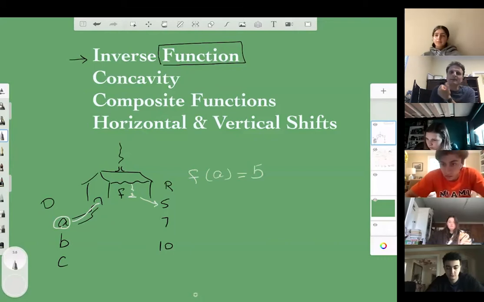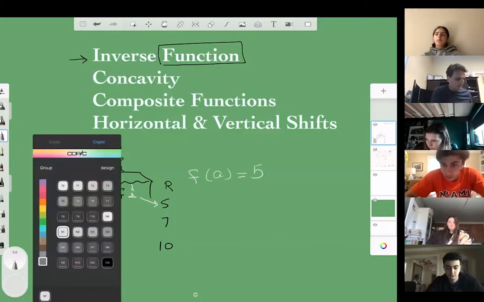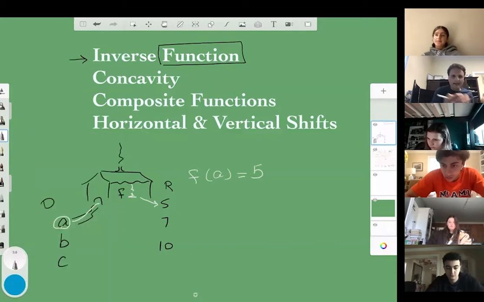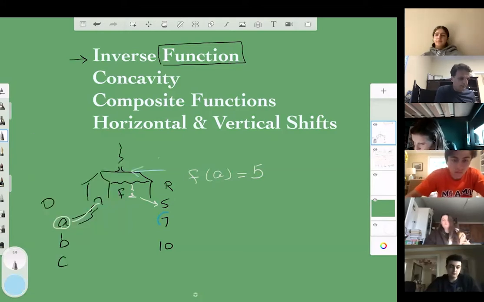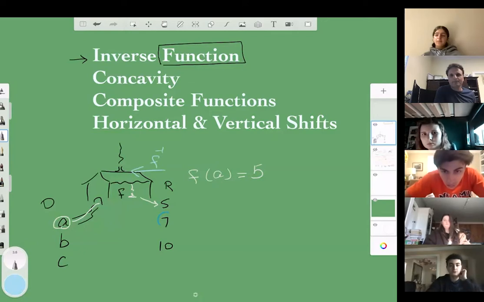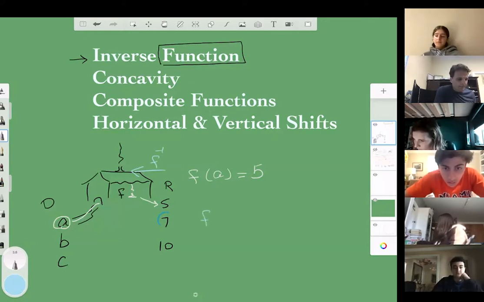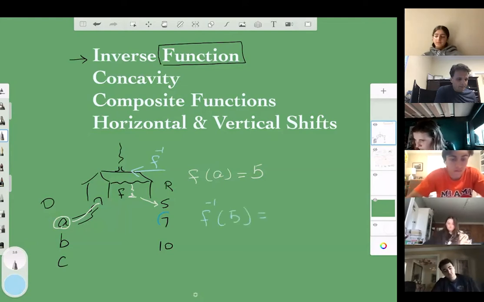For the inverse, we go the other direction, and that will be F inverse. So F inverse of 5 will be A.